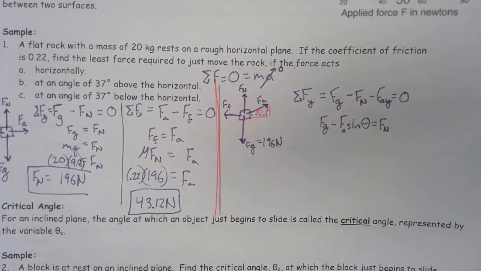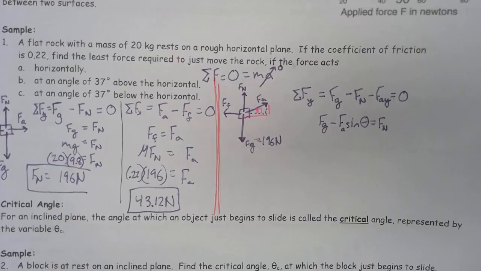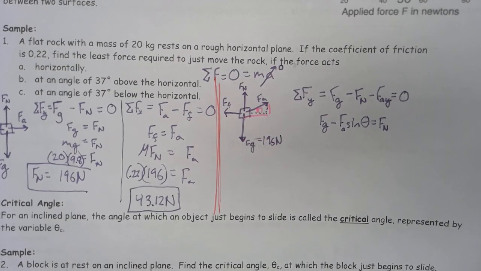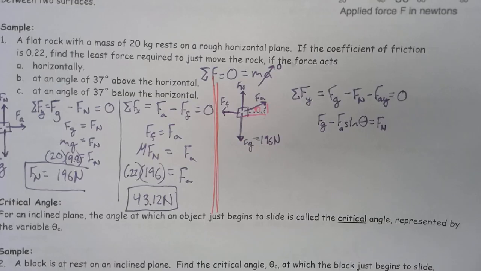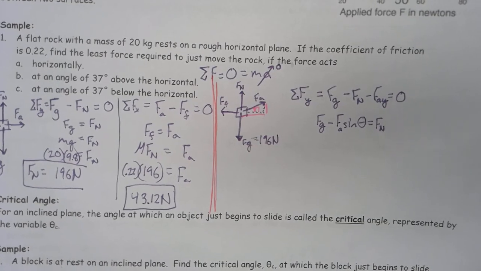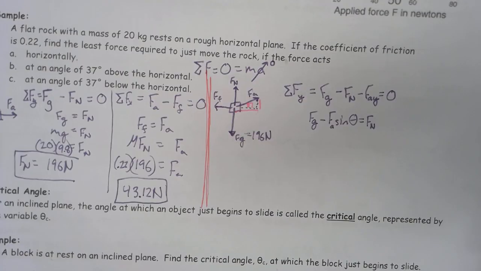The reason why I picked force normal to separate is because what's dependent on the normal force? Friction. And that's an x and y issue, right? Wait, that's an x issue, not a y issue.